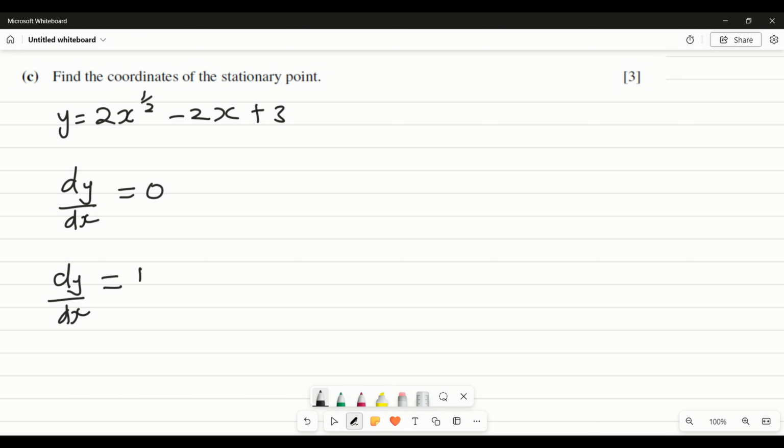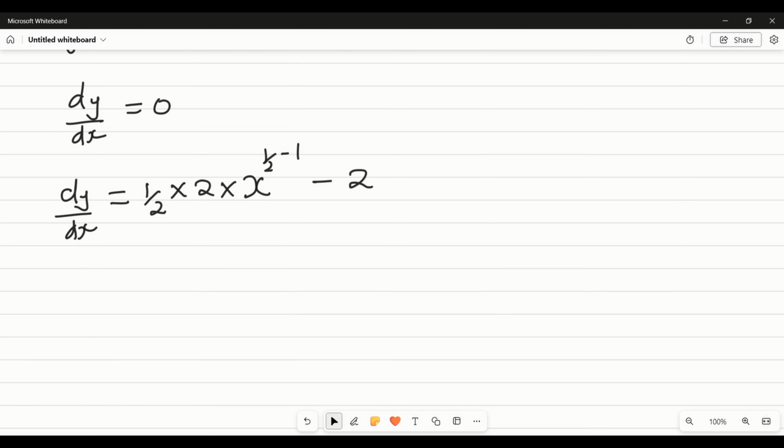We take the power a half times the coefficient of x to the power of a half, which is 2, then times x, then a half, we take away 1, minus 2 times 1. So 2 times 1 is 2, and a half minus 1 is negative a half. Differentiating a constant will give us a 0. So now we have the answer here.